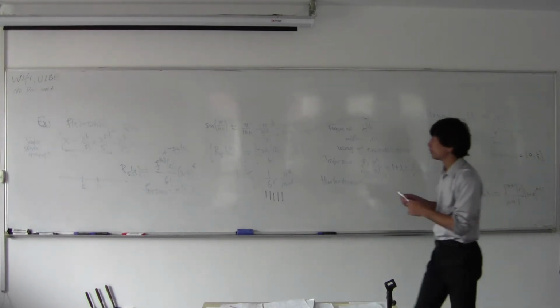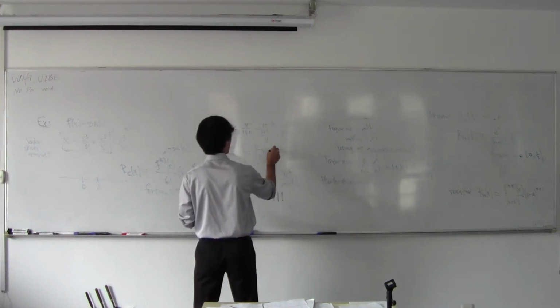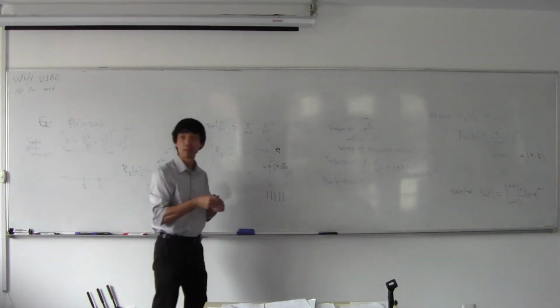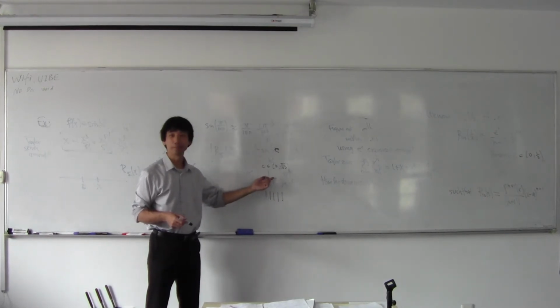You see, that's actually, I messed that up here. This should have been sine of c, right? For some c between 0 and pi over 100. This should have been sine of c, which I don't know, but I know it's smaller than 1.